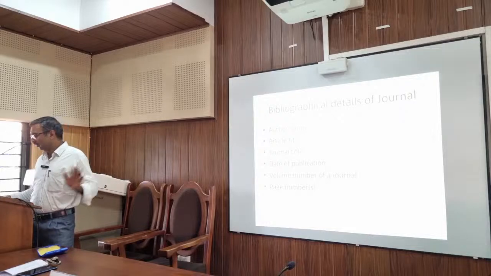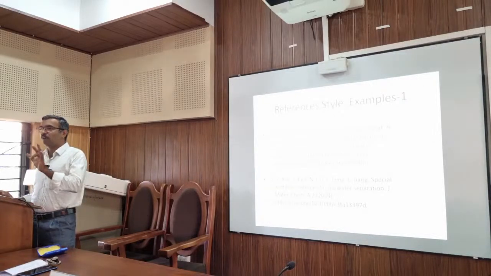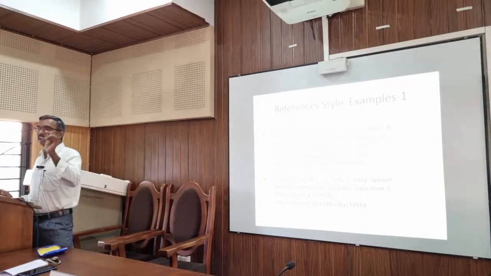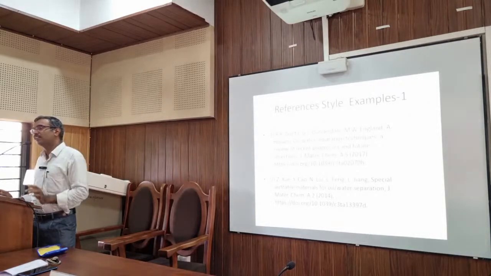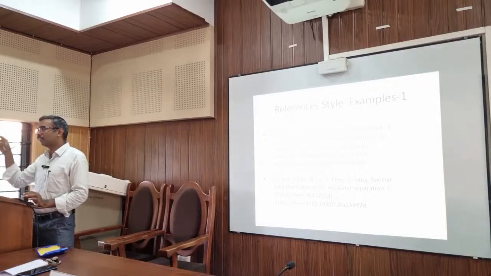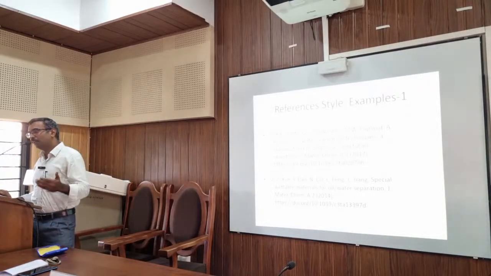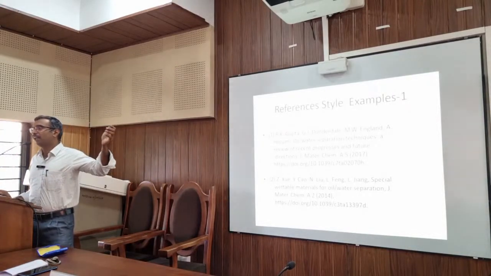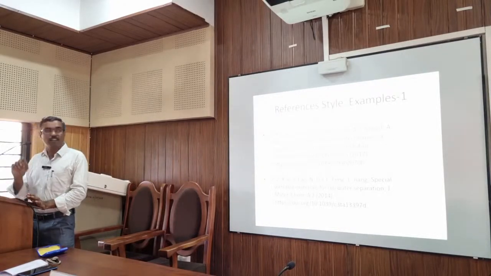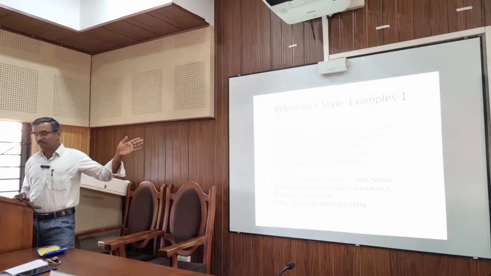I will show two examples of referencing. This is a very old method. We superscript the number in the main text, 1, 2, 3, 4, 5. Then at the end of the article, we arrange according to that number, not alphabetically. Then author names are given.